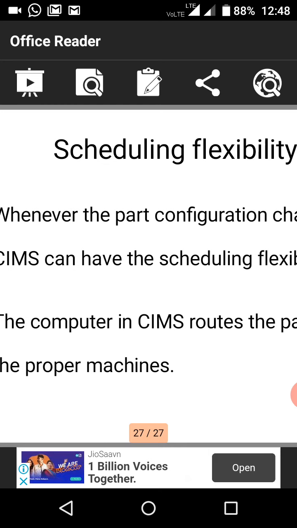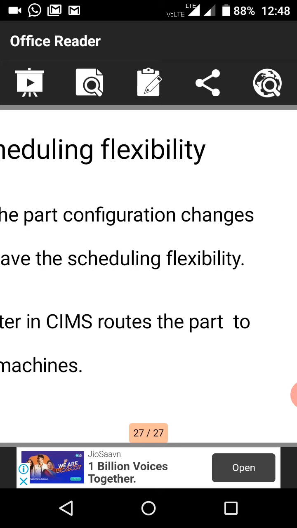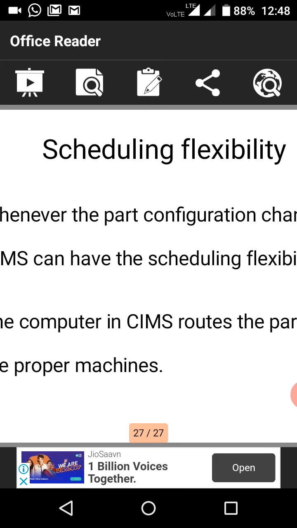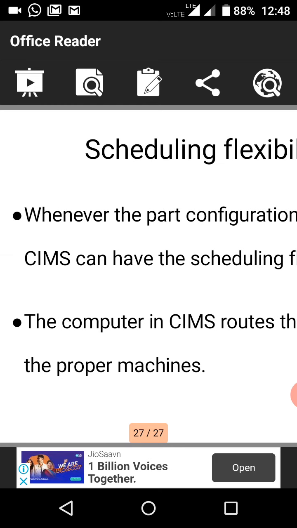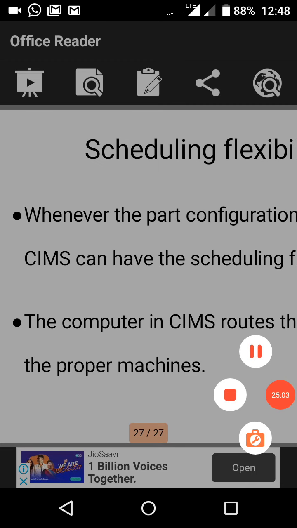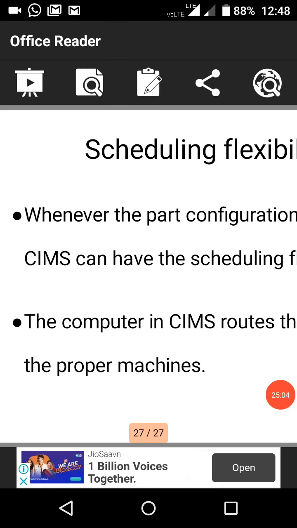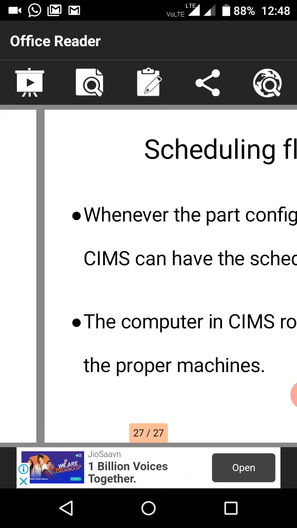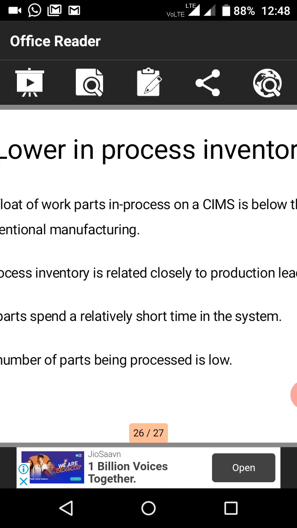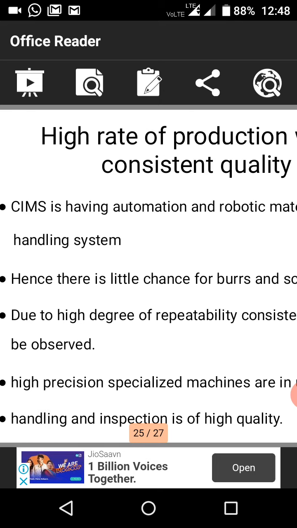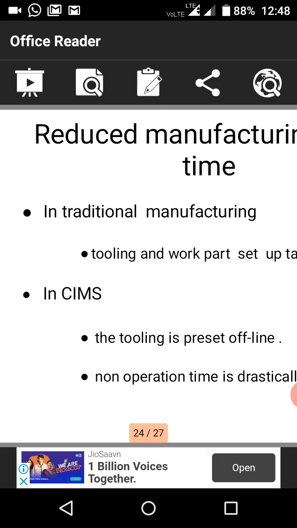The computer in SIM routes the parts to the proper machining, so it also checks the machine. It is the work of the computer to check whether the machining is running properly or not. The computer will check all these things, whether the scheduling is going right or not. So these are the different advantages of SIM.